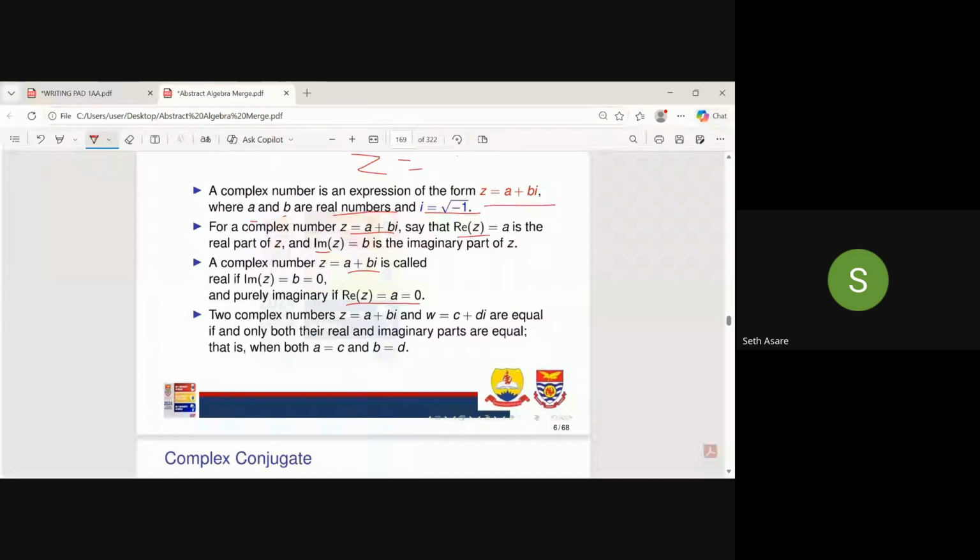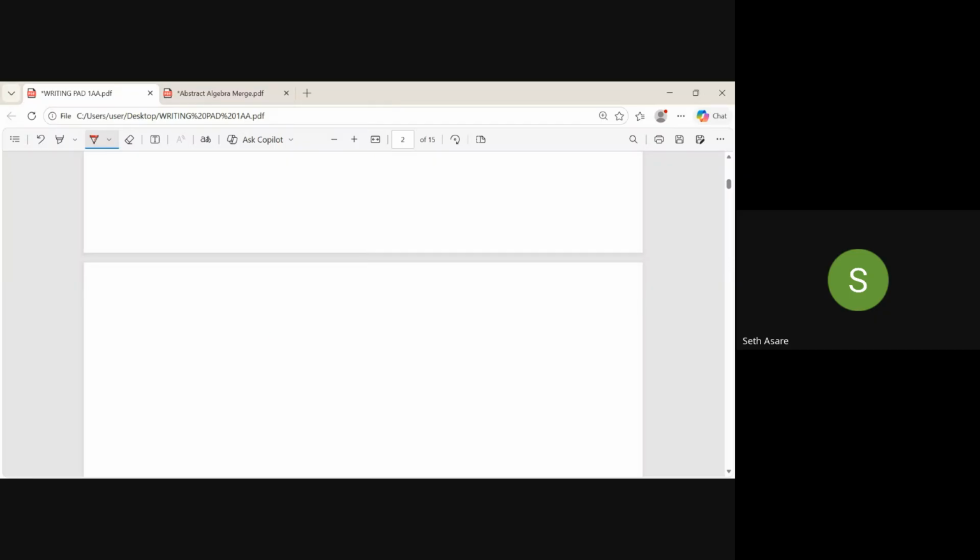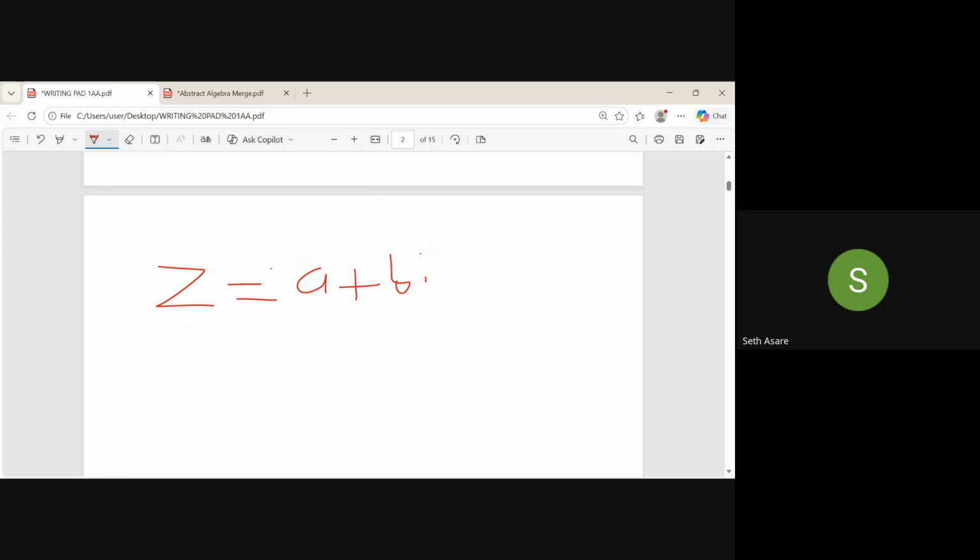When do we say that two complex numbers are equal? Let's say we have a complex number z1 is equal to a plus bi, and another complex number z2, which is c plus di.